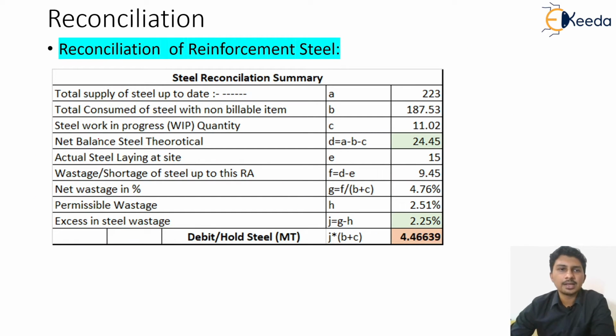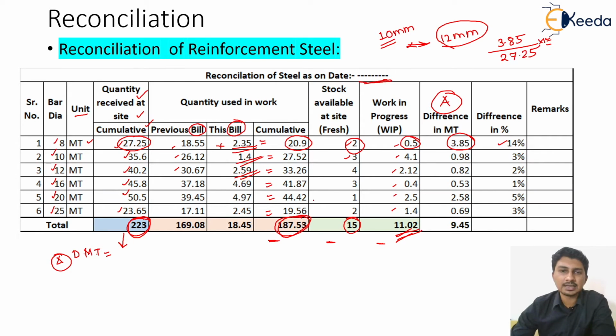Okay, then net balance theoretical, what was expected, that this much will be the steel which will be readily available on site, is this 223, that is A minus B minus C. So received minus consumed will be the total quantity expected to be on site. But actually on site, how much steel is available?